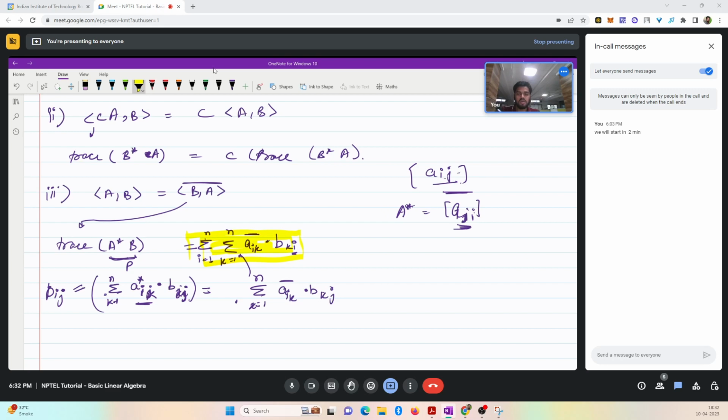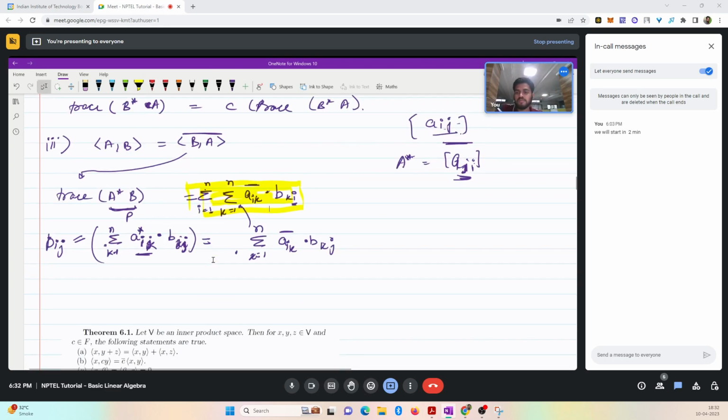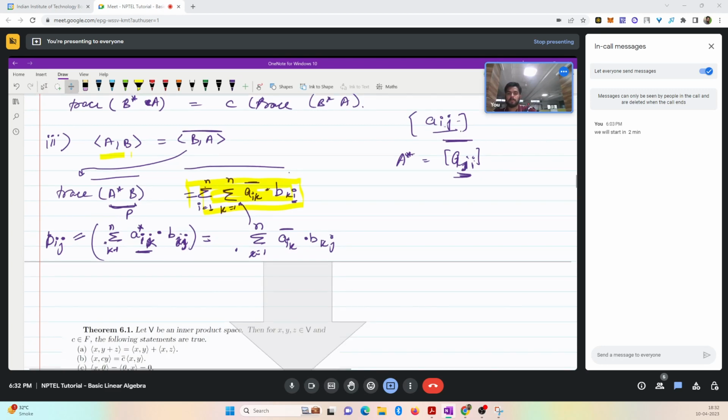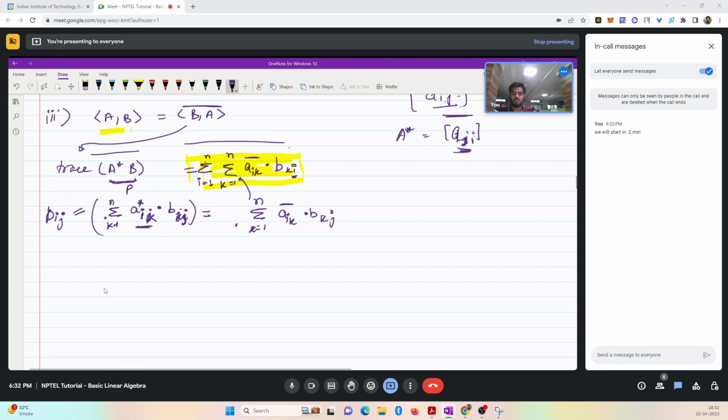Okay. So what we want is that this thing should be equal to this particular thing. So now we want the conjugate of trace of A transpose B conjugate. We want the conjugate of this whole thing. Okay. So now moving from here to here, we can take this conjugate inside. Okay.